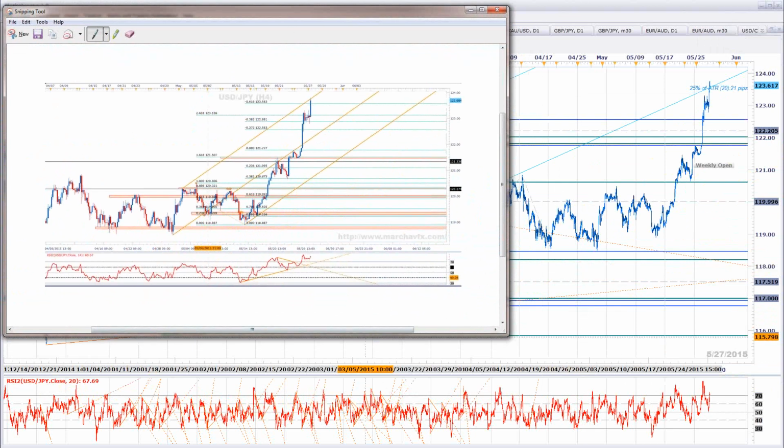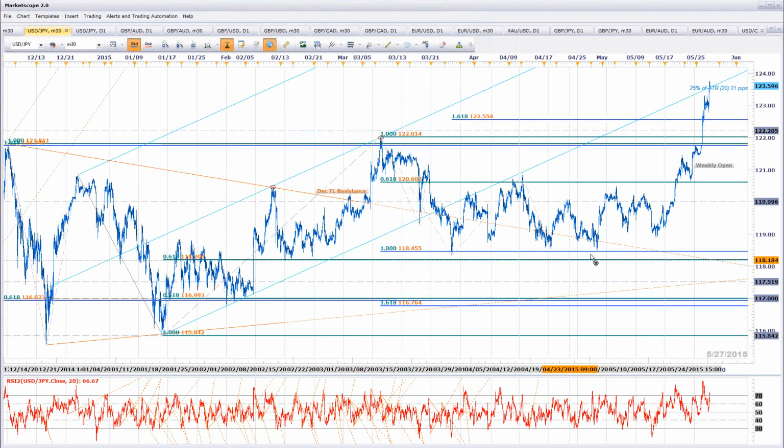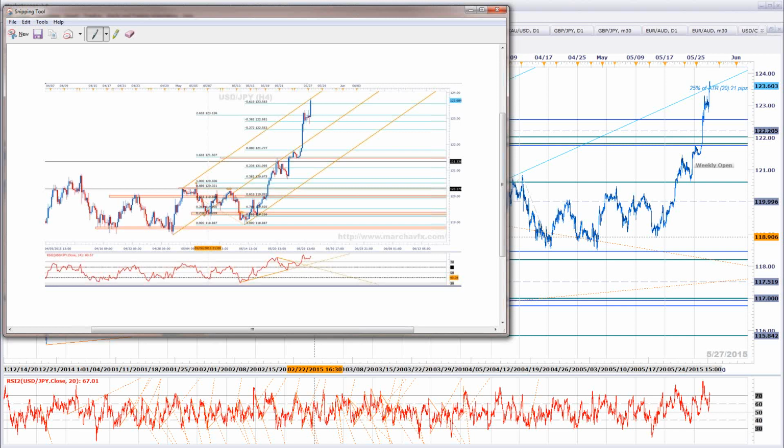This is Mark's dollar yen chart. He's looking at these slope lines off the low. This is from, looks like, 429. So you're looking off this slope. Yeah, I could see that. Sure.